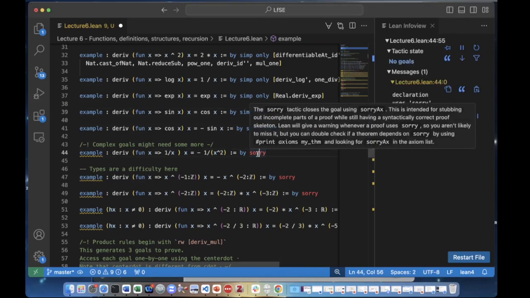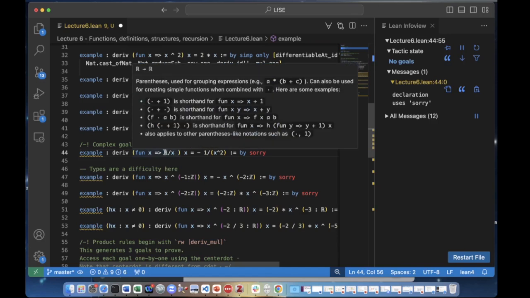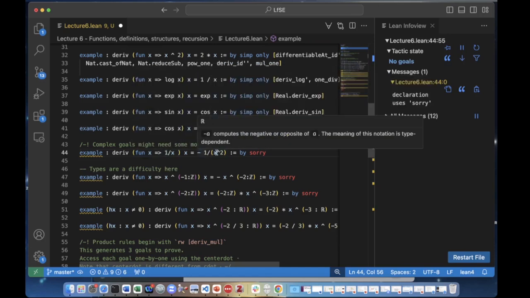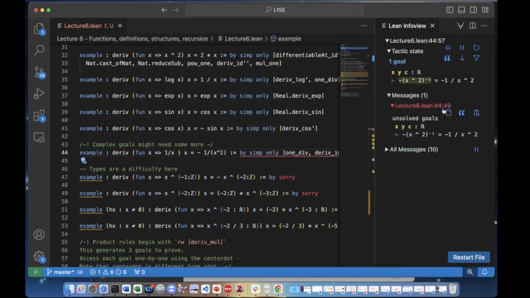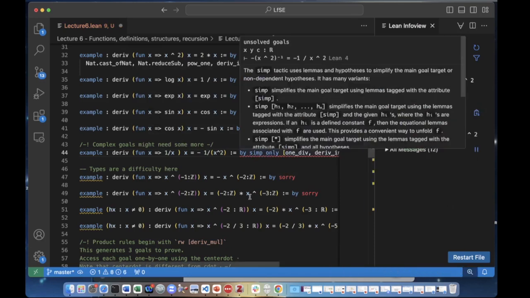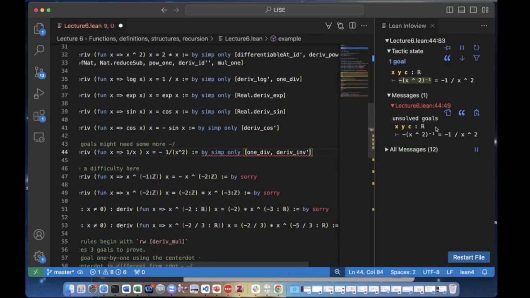Okay, so here's an example. I have 1 over x, and I want to find the derivative is equal to negative 1 over x squared. So let's do simp. Oh, it didn't work. Bummer. So we do this step, and I say, okay, now I have simplified it. I've taken the derivative.